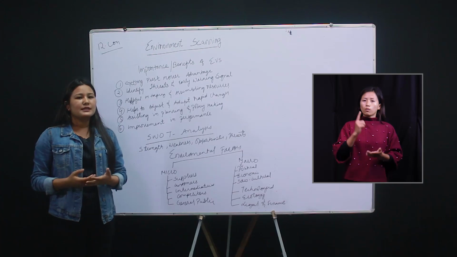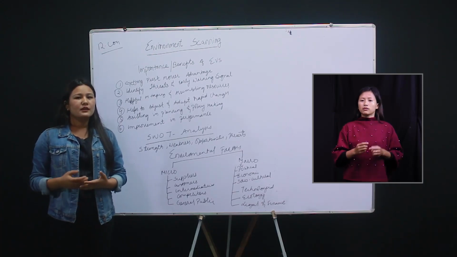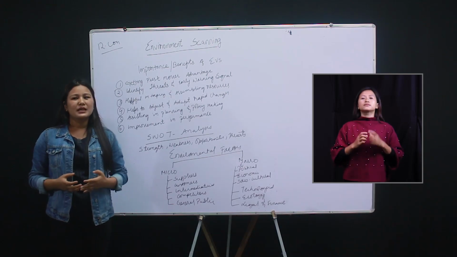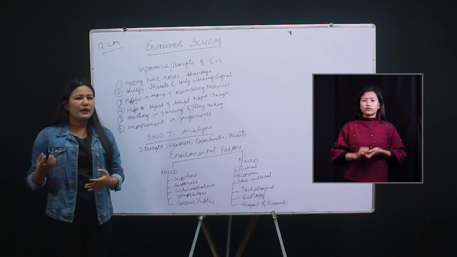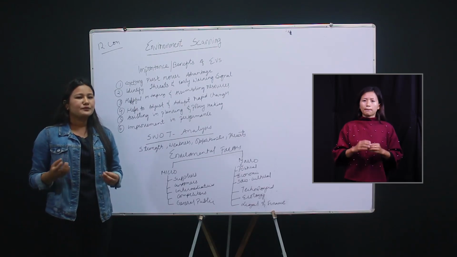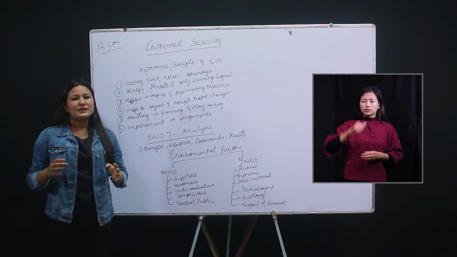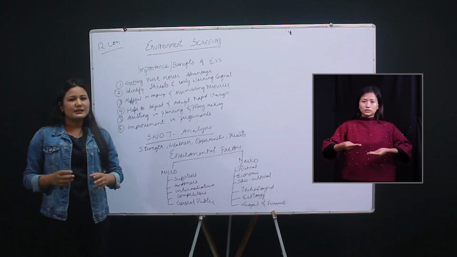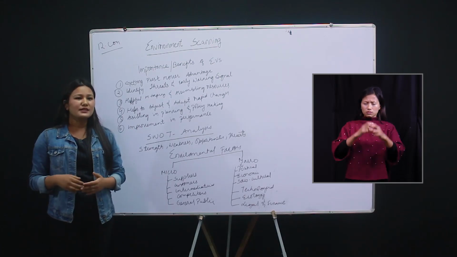For example, Maruti Udyog Corporation, by scanning the environment, got the qualitative information that a foreign car manufacturing business was entering India and going to set up a business here. So what Maruti Udyog did was increase their production.